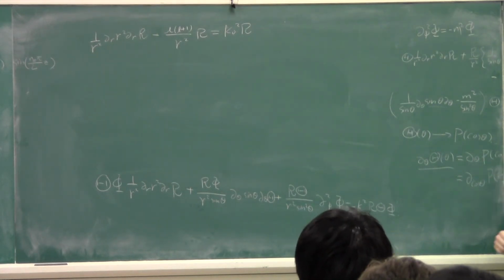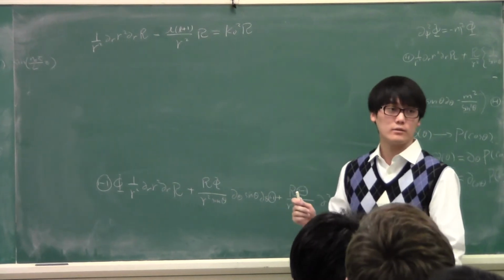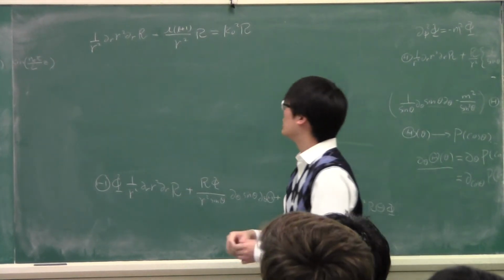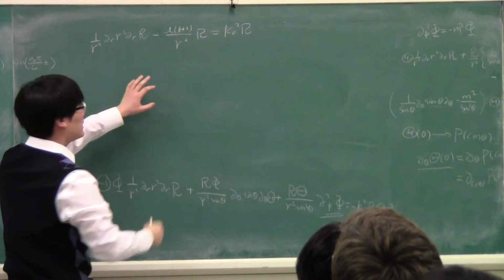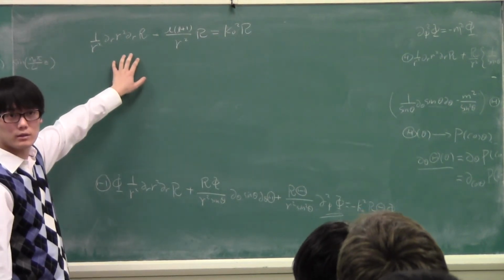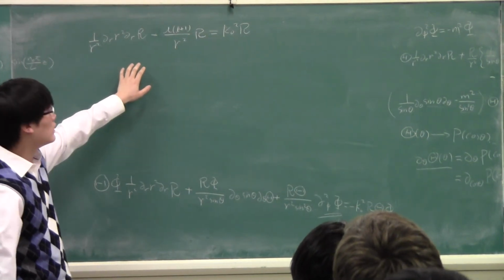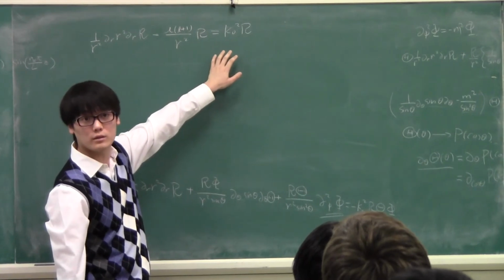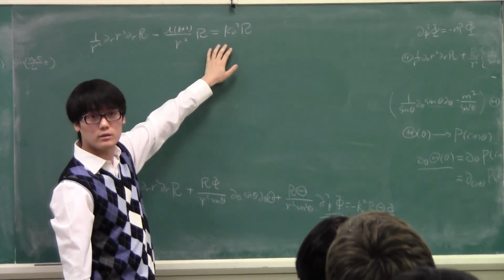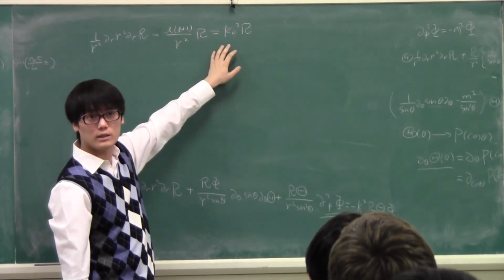Because the eigenvalue problem was dependent on n. But here, the amount of rotation in the z direction never enters the determination of k naught, which is the total energy, by our definition. It never enters the determination of k naught here. And why is that?